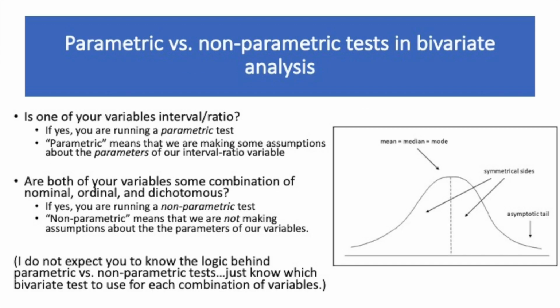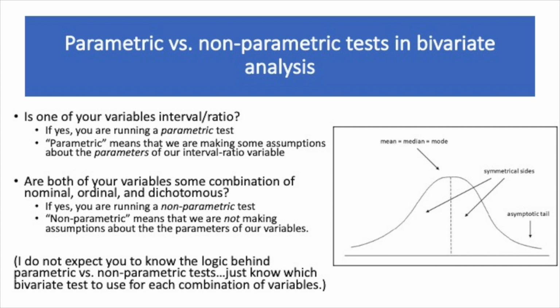Let's start to talk about those specific types of inferential statistical tests that we might use. We can break inferential statistics down into two general categories or types. We have parametric inferential statistics and non-parametric inferential statistics.